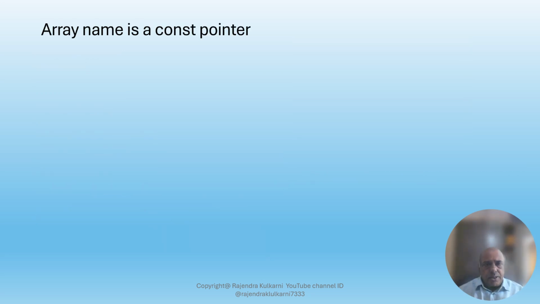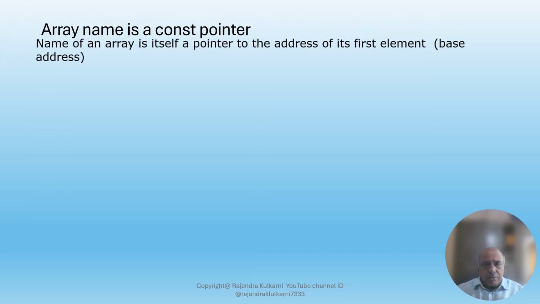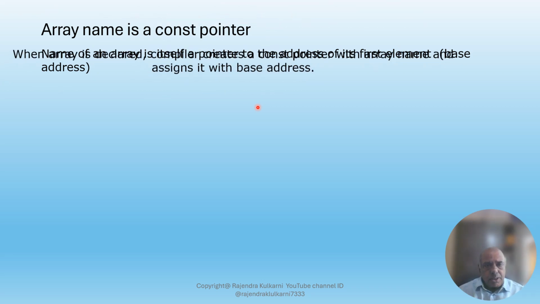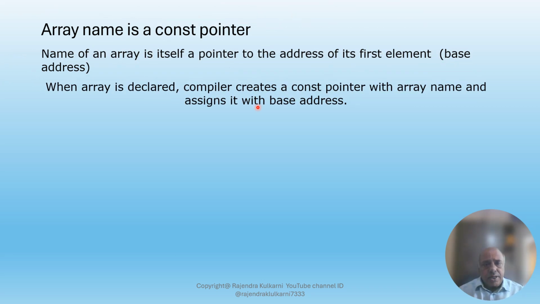When we declare an array, the name of the array is stored as a pointer pointing to the address of the 0th element, but the compiler also takes care that it is a const pointer. The compiler creates a const pointer.